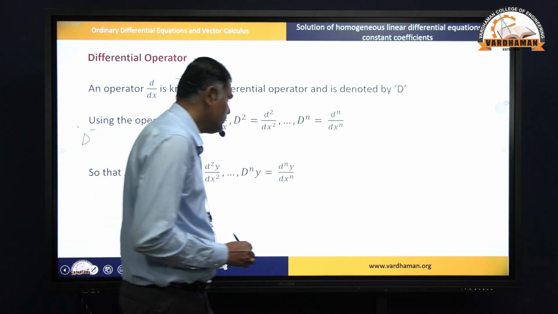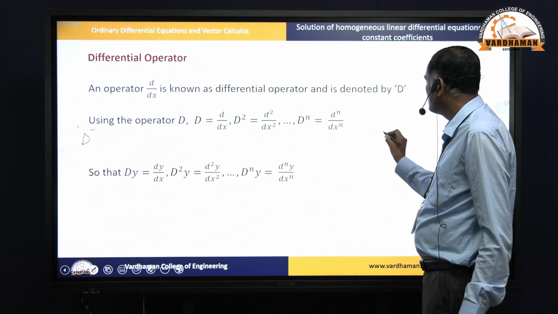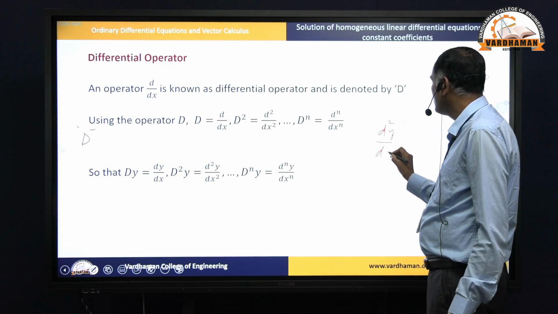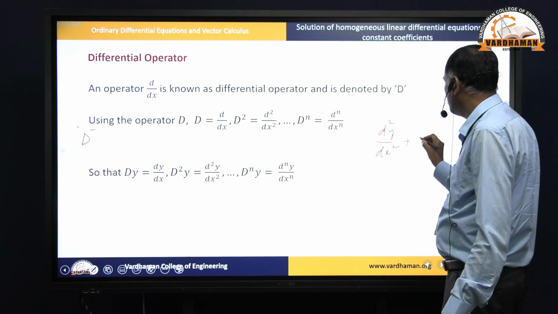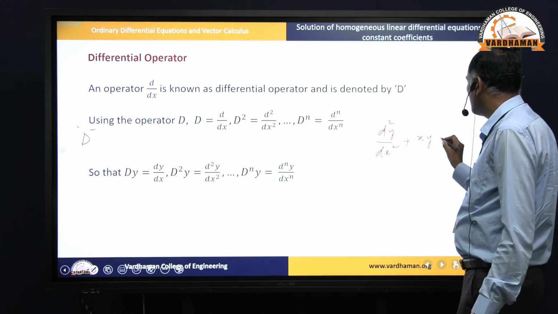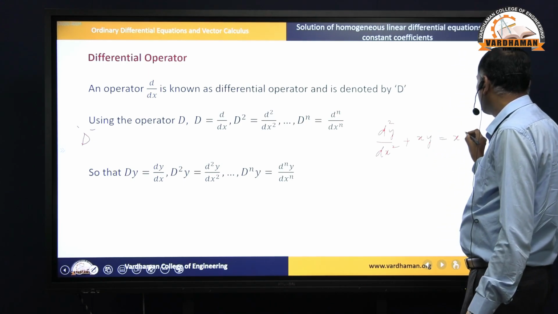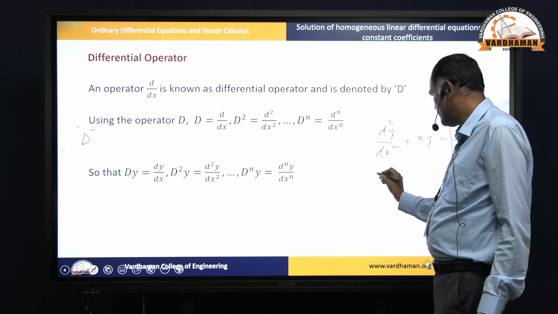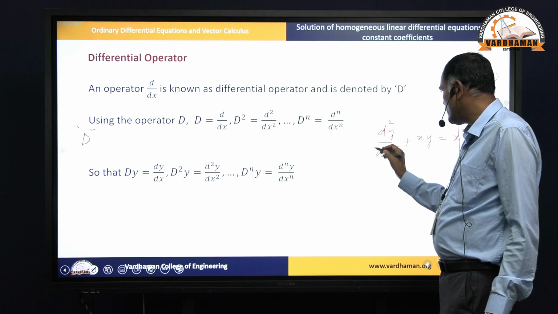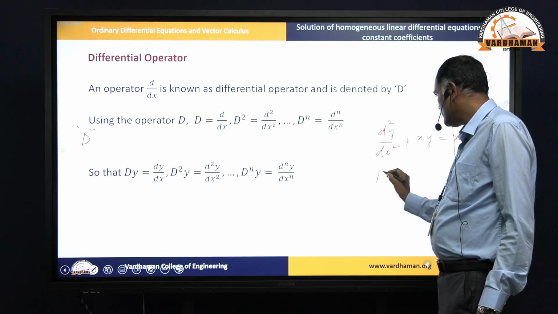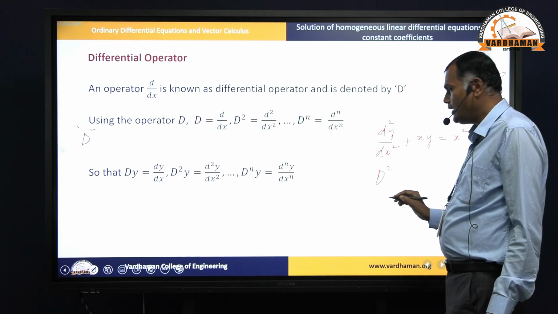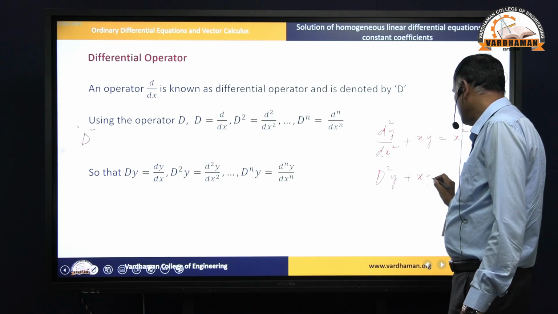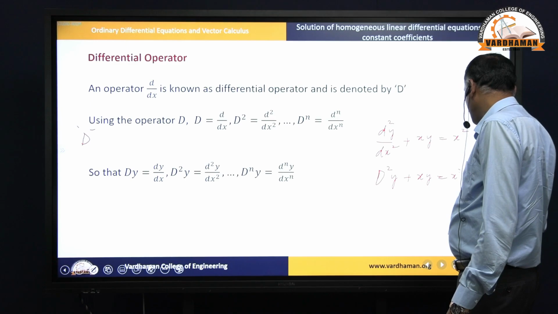For example, let us say this is the given differential equation. If you write it in operator form, it looks something like this. In place of d square by dx square, we can write D square y plus xy equals x square.